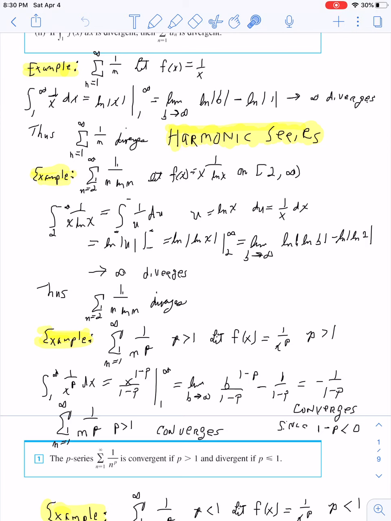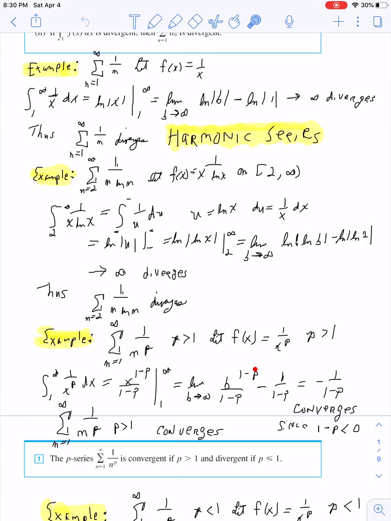Now, that's an improper integral, so I take the limit as b tends to infinity of, and I plug in b to the 1 minus p over 1 minus p, subtract, and then I plug in b equals 1. So there is 1 over 1 minus p. All right, now what's the point? The point is p is greater than 1. But if p is greater than 1, then 1 minus p is less than 0.